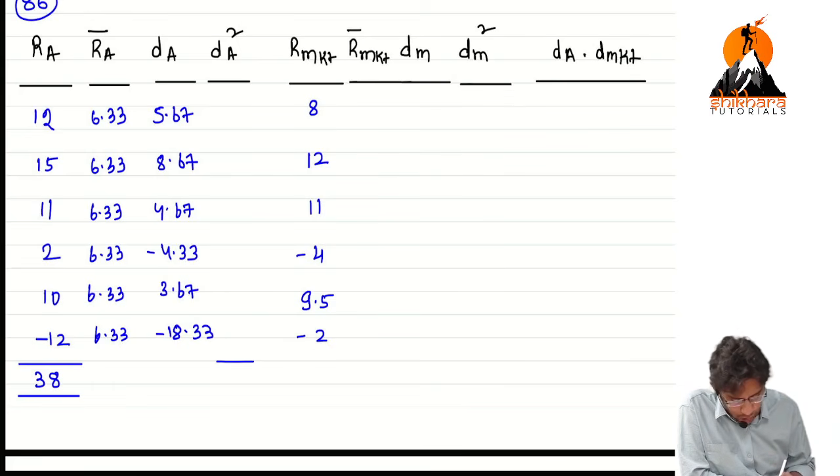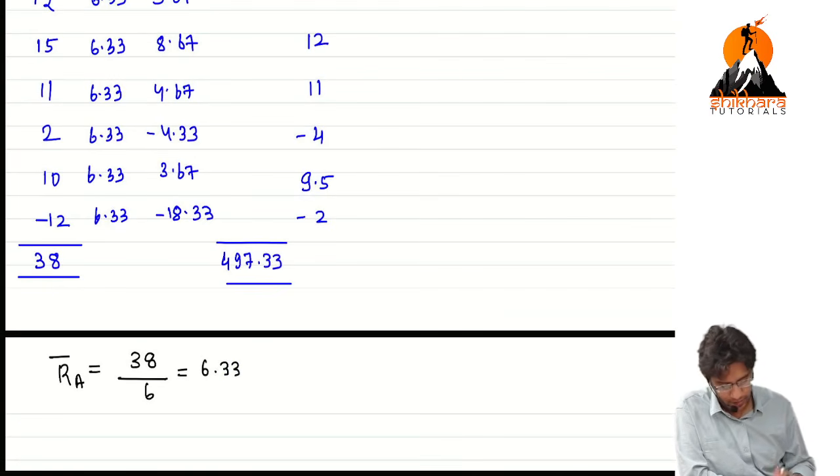So directly do it on your calculator and fill this up. There's no point wasting time writing each and every number. 5.67 square, 8.67 square, 4.67 square, 4.33 square, 3.67 square, 18.33 square. Grand total 497.33.